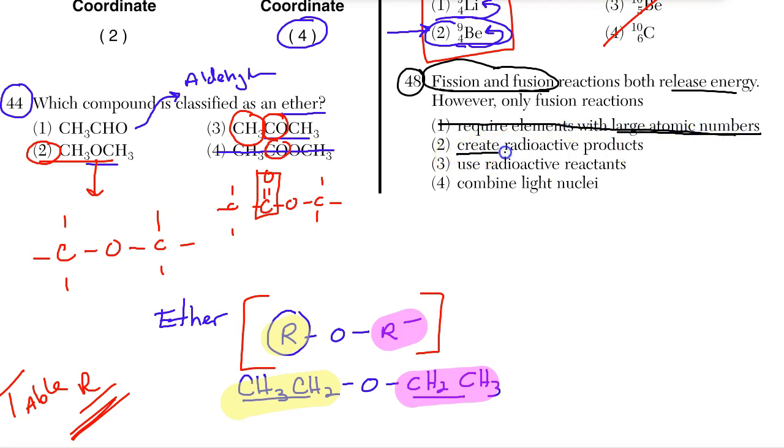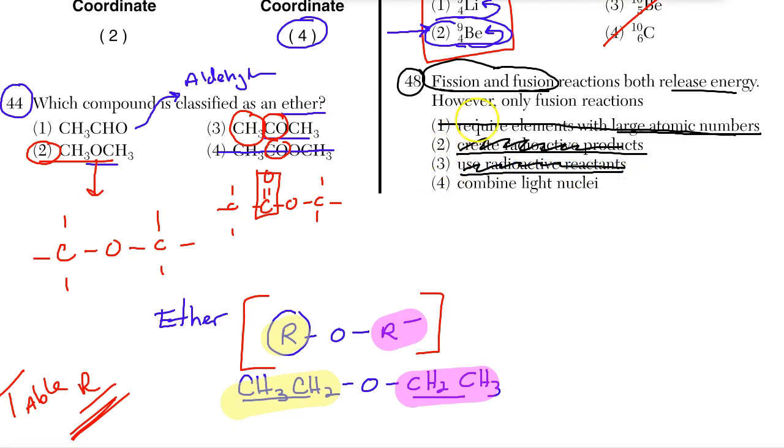Create radioactive products? Yes, fission can do that. It can create any sequence of particles, and it can definitely make some radioactive particles. Fusion does not. Of course, we're using radioactive elements mainly because they have an overcrowded nucleus that makes them unstable.